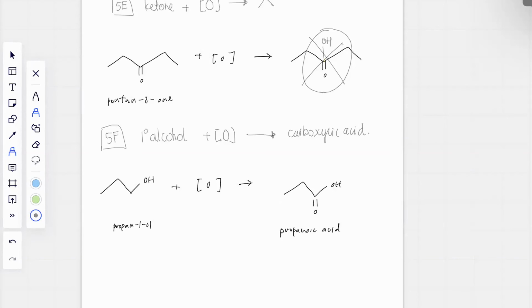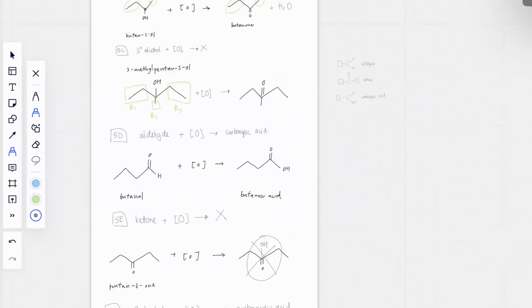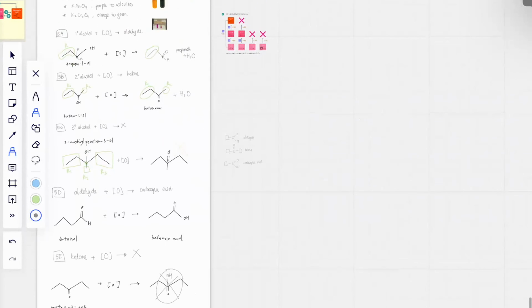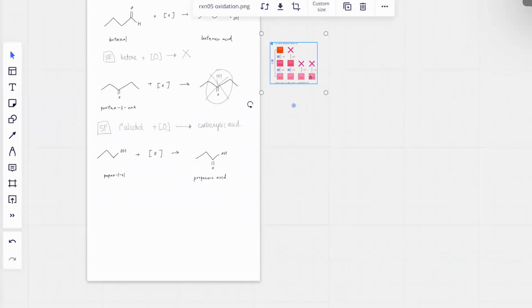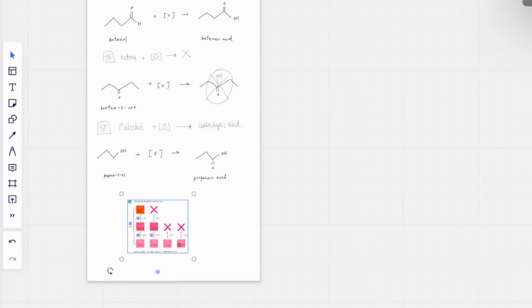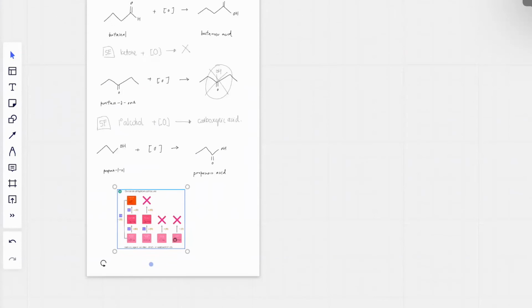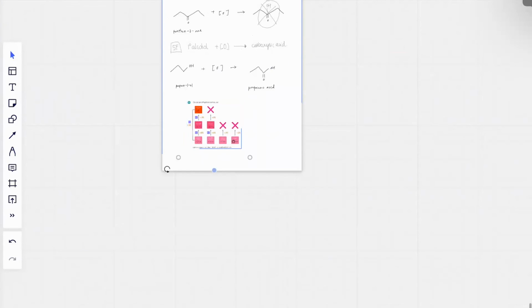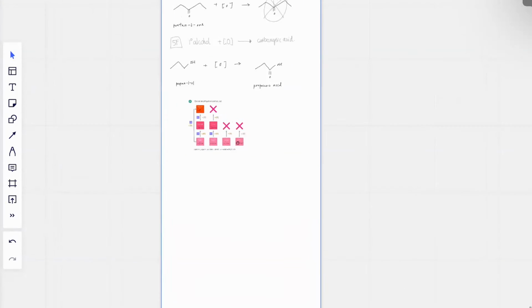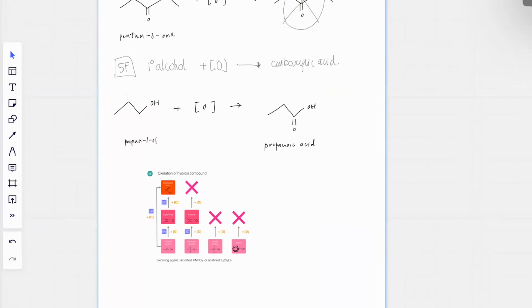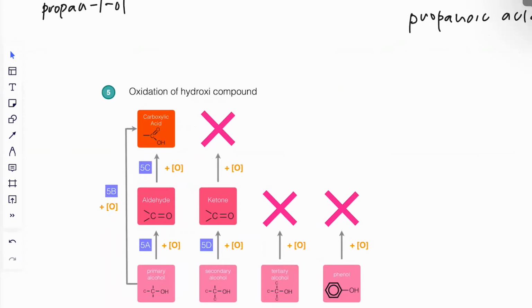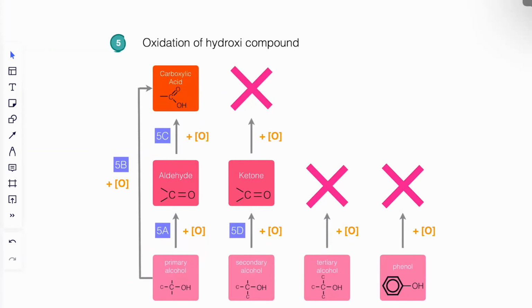Yeah, correct. Now, okay, so the diagram for this oxidation is here. If you look at it here, primary alcohol.